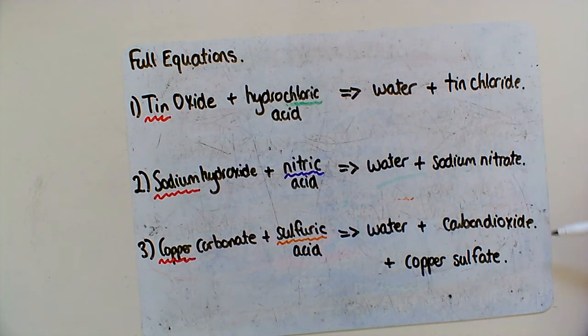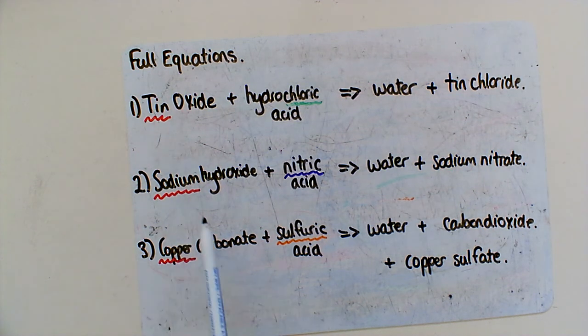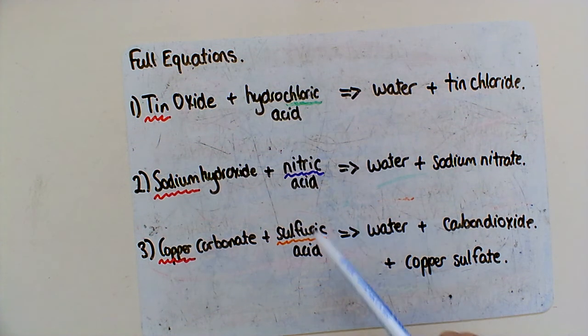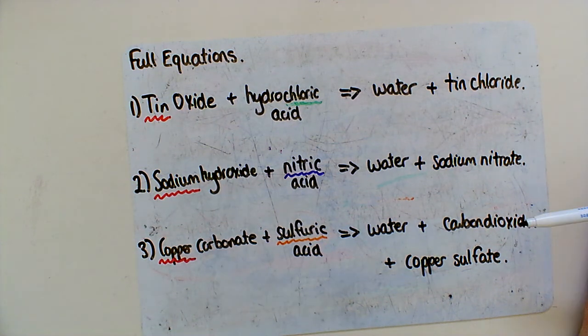So that's the expectation, that you would be able to take any metal oxide, metal hydroxide, metal carbonate, and any of these three acids, hydrochloric, nitric, or sulfuric, and use the name of this, the name of this, and the type to know what the products are.